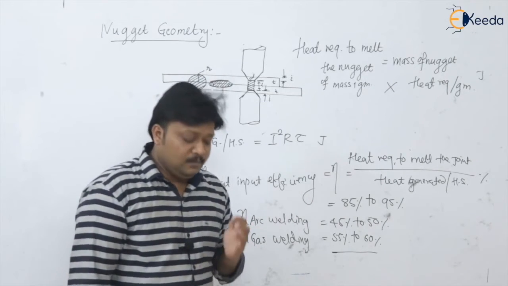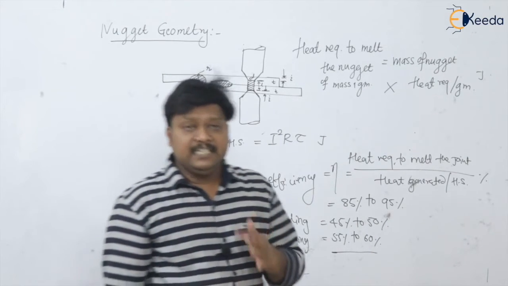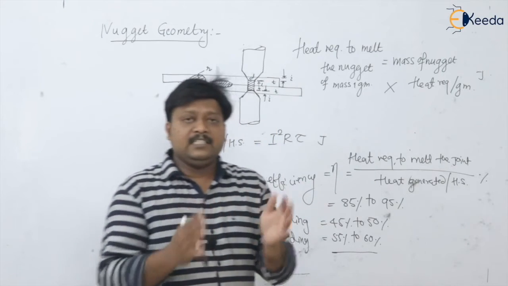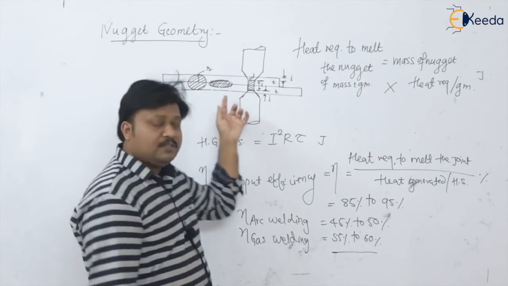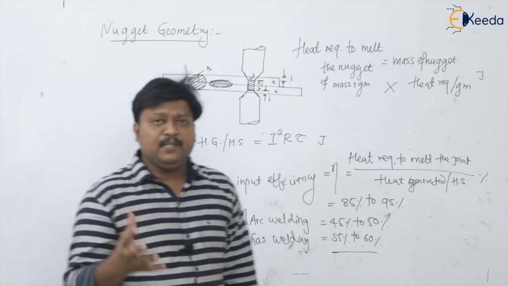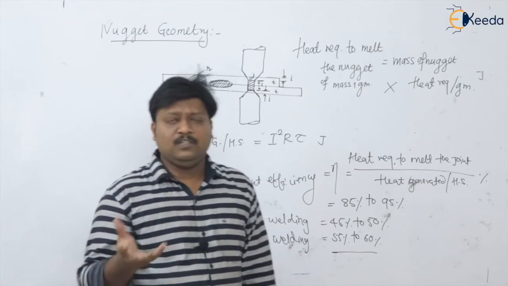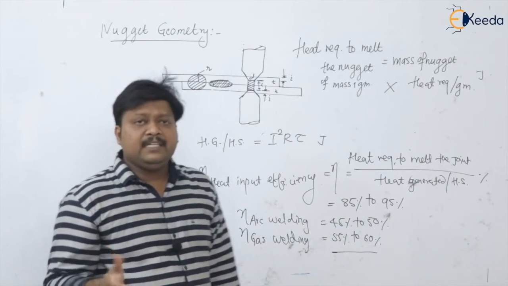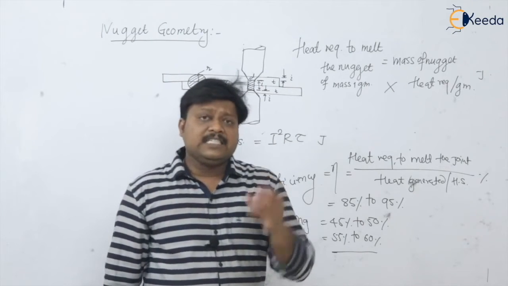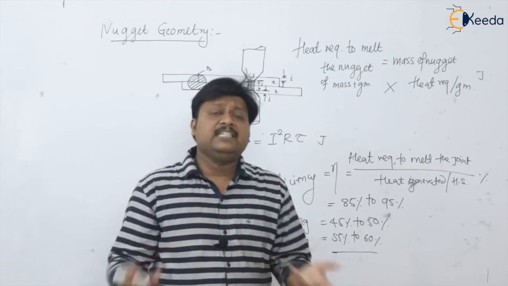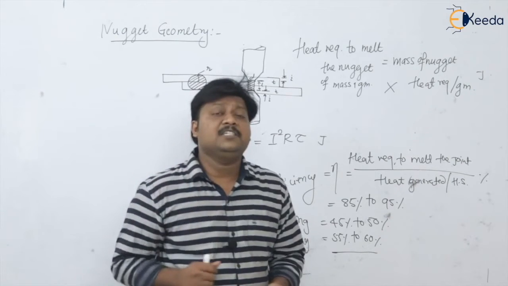Basically, the heat generated in this spot depends upon three categories. I already discussed this. There may be plates having the same composition but different thicknesses. This is the first condition.